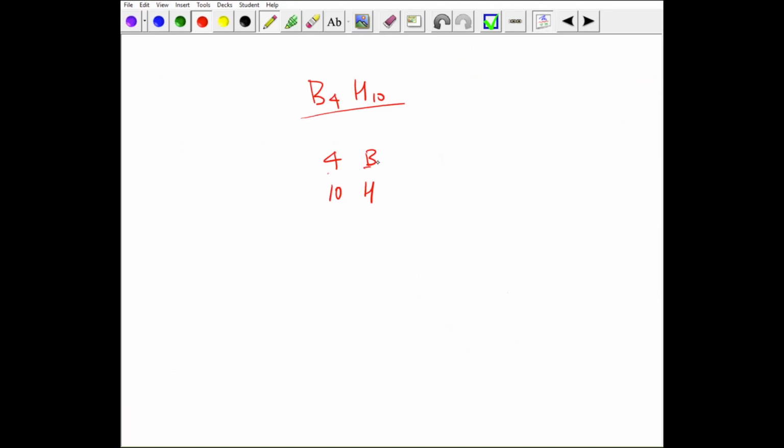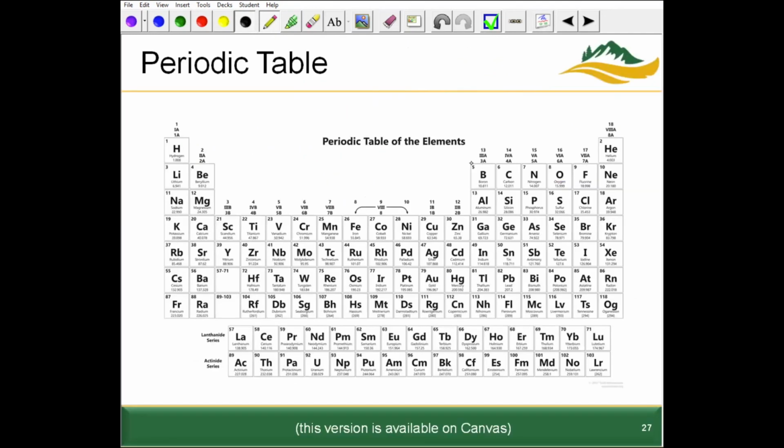B4H10, there's 4 borons and 10 hydrogen atoms. Hydrogen we've used a few times, weighs about 1.008 grams per mole, or AMU. What about boron? So boron weighs 10.811 grams per mole.